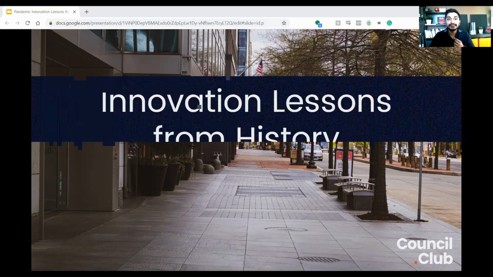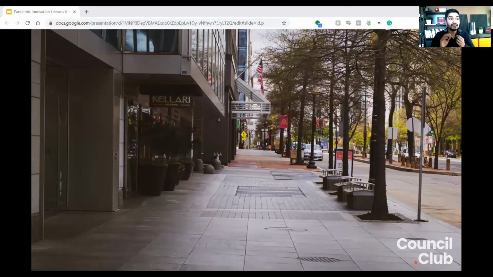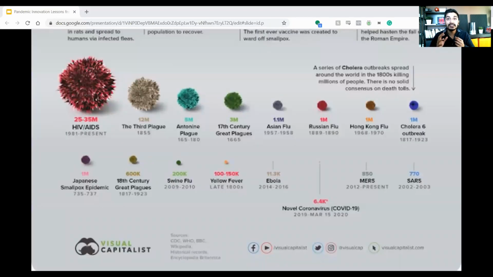Because this is a pandemic that's happening globally around the world, you want to realize that this is not the only pandemic. In fact, if you look throughout history, there have been so many different pandemics.